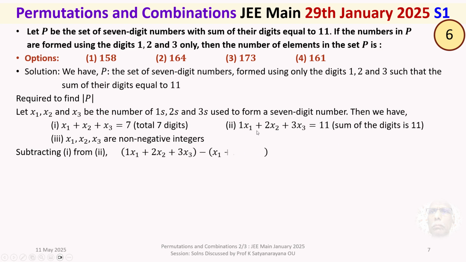Now take the second equation and subtract the first equation from it. That is 11 minus 7. When you subtract, you get x2 plus 2x3 is equal to 4. Only one equation, two unknowns.